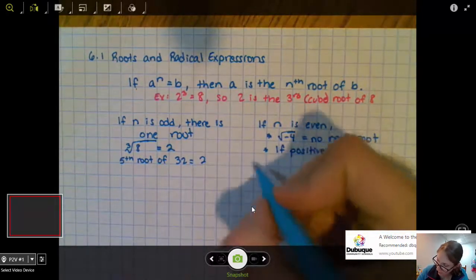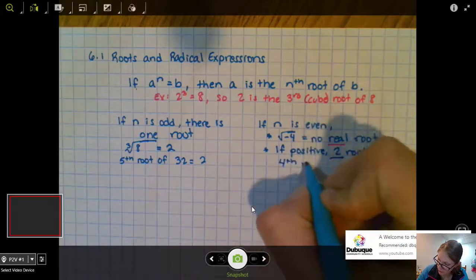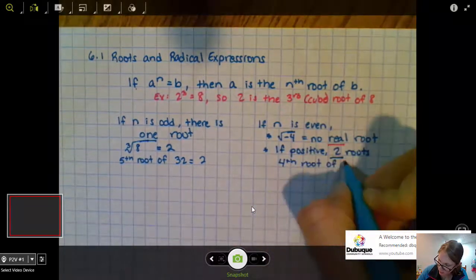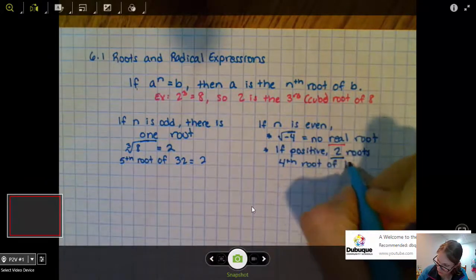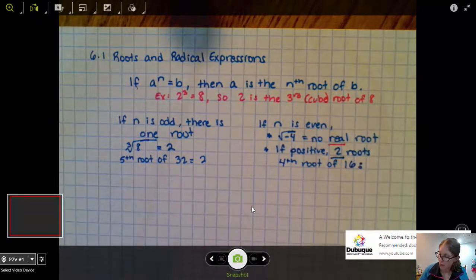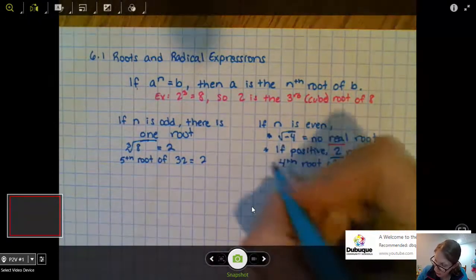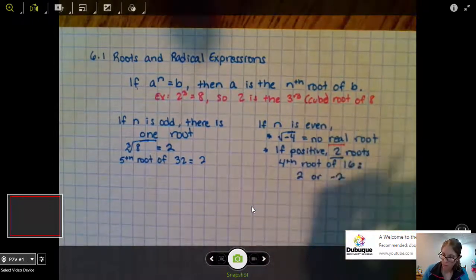So for example, if I had the fourth root of 16, this really means what to the fourth power gives you 16. It could be 2, or it could be negative 2.